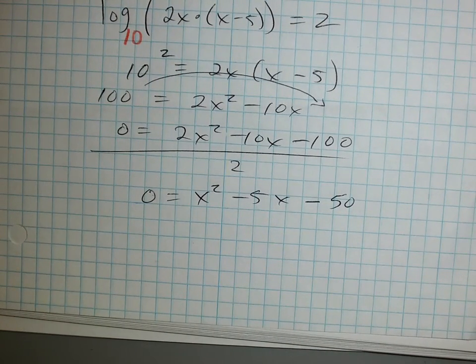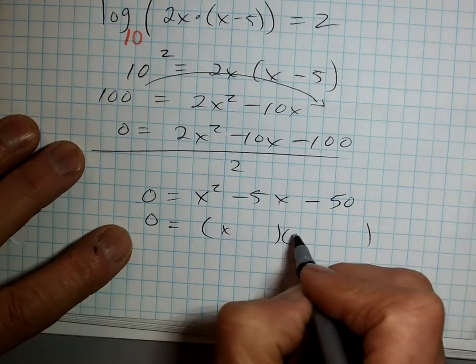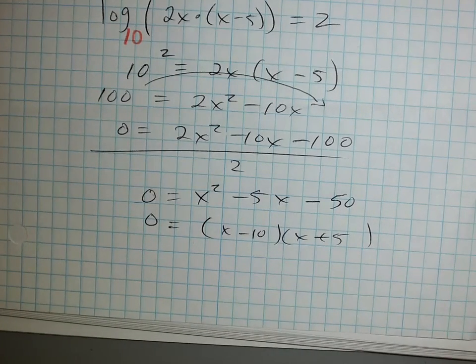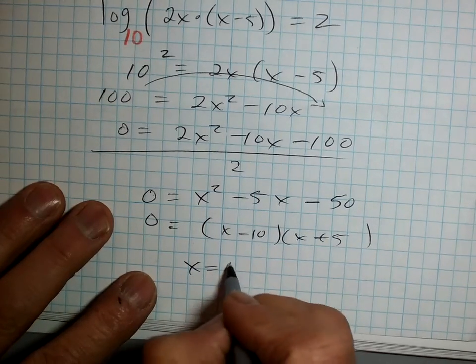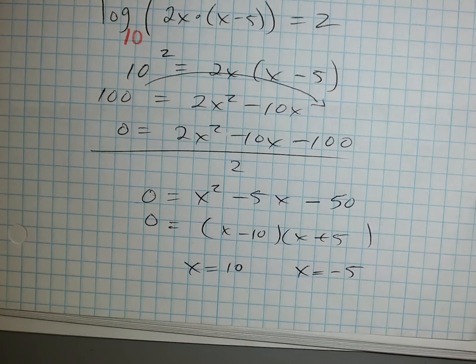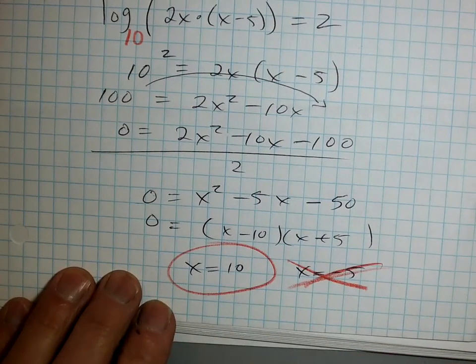Yes. So x minus 10 and x plus 5, right? My answers are x equals 10 or x equals -5, but not -5. Logarithms cannot be negative, so we throw that one away and we get 10. What do you think?